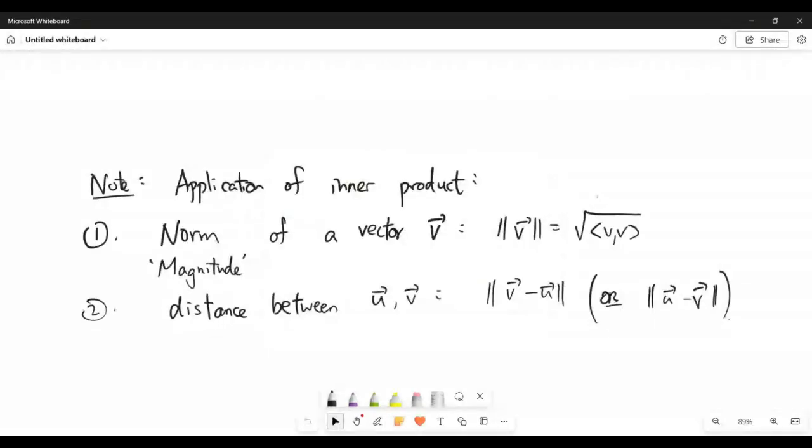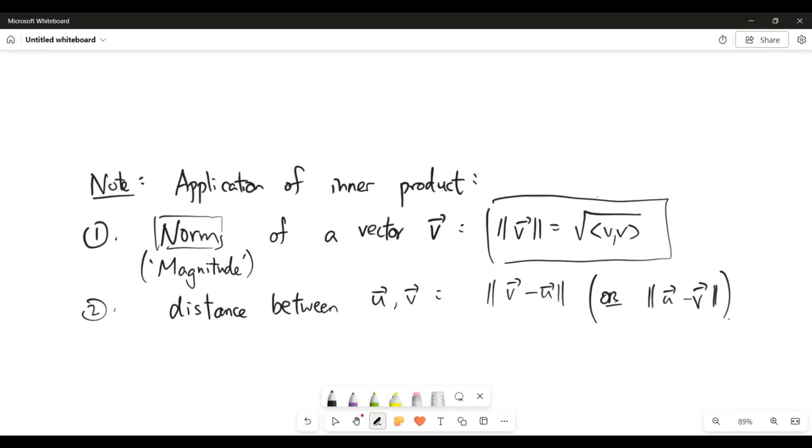Let's take a quick look at this page regarding applications of inner product that I mentioned earlier. First, we can define the norm of a vector, which is essentially what we call the magnitude of the vector, based on this definition. Please recall that previously, when we talked about the magnitude based on the dot product, it was defined as the square root of the dot product with itself, right?